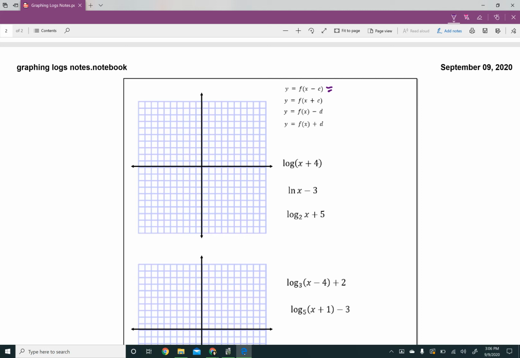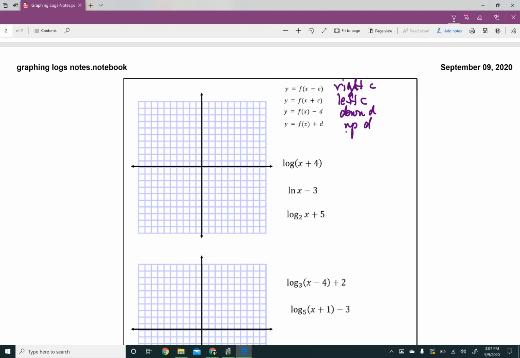Remember, if it's inside with x, it moves left and right, and it's opposite of what we think. So this means it moves right c, and this means it moves left c. And if it's outside, then it moves up and down, in the same direction. So this is down d and up d.